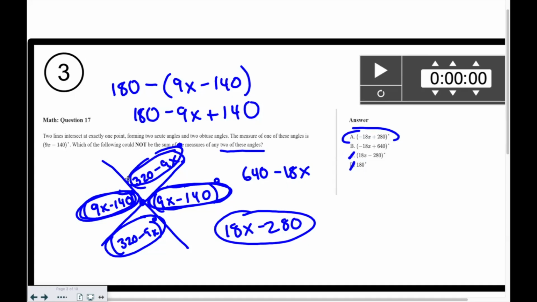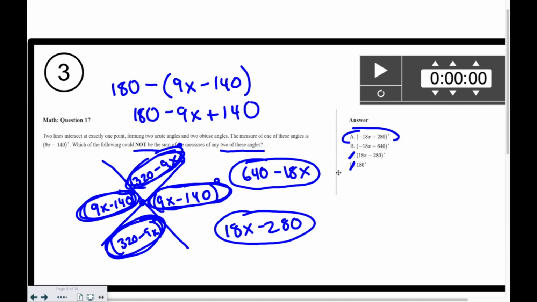And then if you add the 320 minus 9x and the 320 minus 9x, that gives you 640 minus 18x, which is the same as negative 18x plus 640. So since I can get that sum, that can't be the answer because it says which could not be the sum.